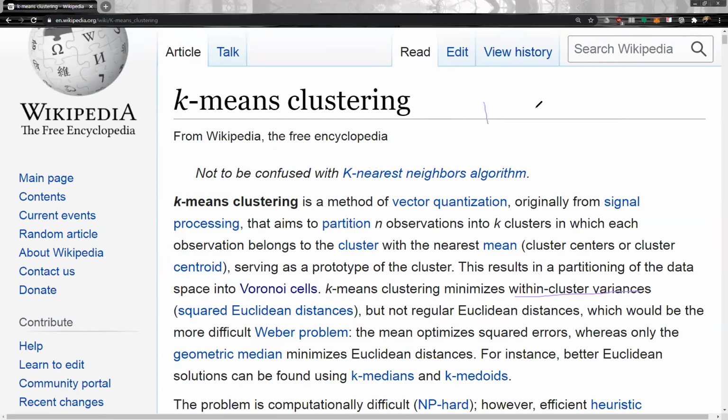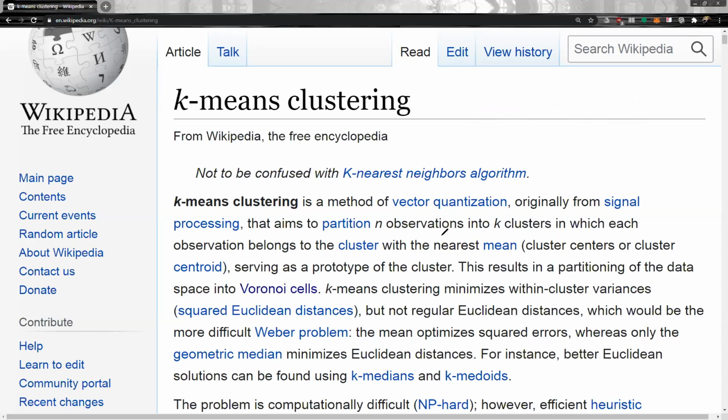So basically, it minimizes x minus mu squared. Okay, so it minimizes the square. So in the previous Voronoi space, every point here is nearest to this point in terms of this measure. So this is the way of measuring the distance.